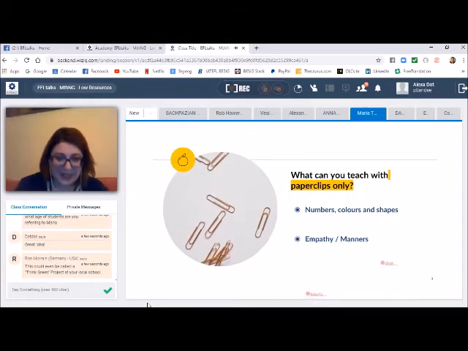Now, the second object is paper clips. What can you teach with paper clips only? Paper clips are one of the easiest ways to teach numbers, colors, shapes, because they're easy to bend. You can find a great number of paper clips out there in terms of colors and sizes. But one of the things that I particularly love using paper clips for is to teach empathy and manners to my kids.